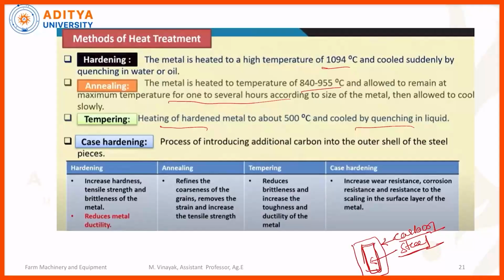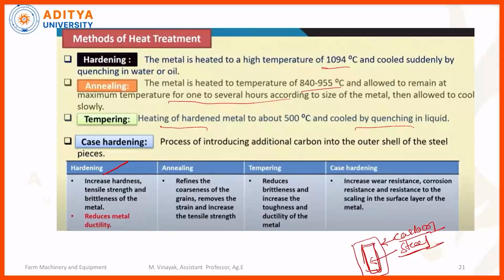The outer layer is only carbon material, and inside it is steel. Here also, to increase the hardness of the material, we simply add carbon particles to the steel material. So here we can see hardening, annealing, tempering and case hardening.